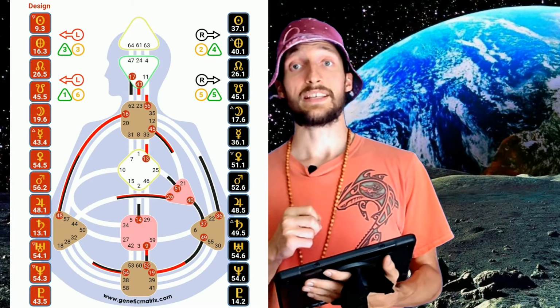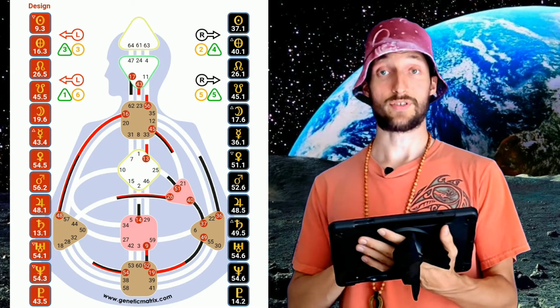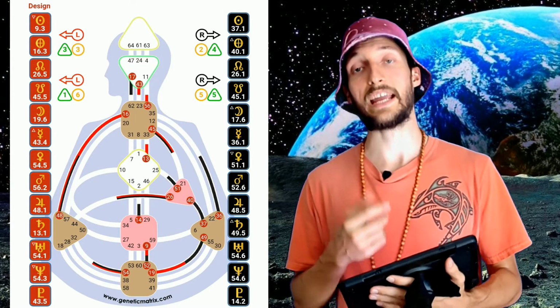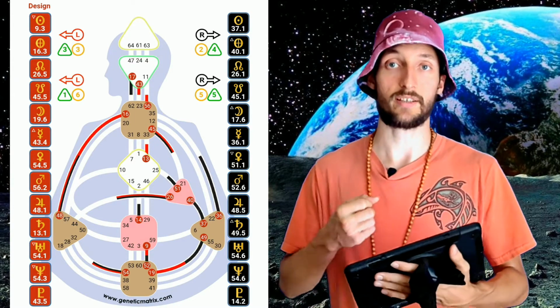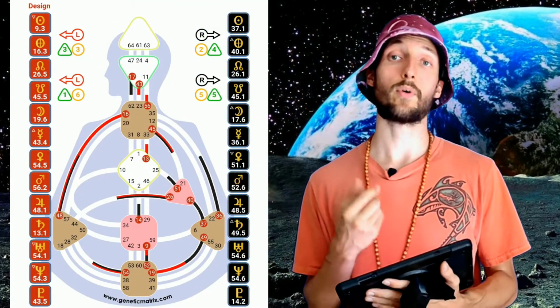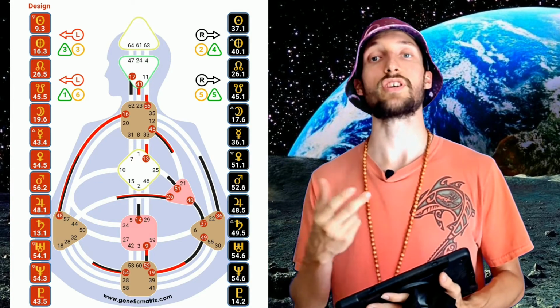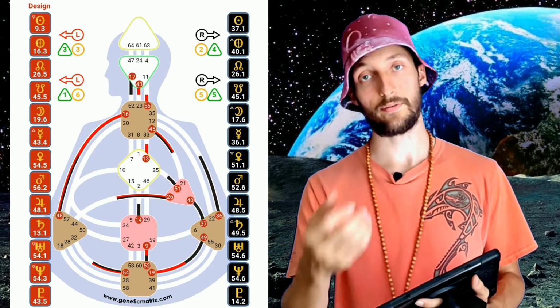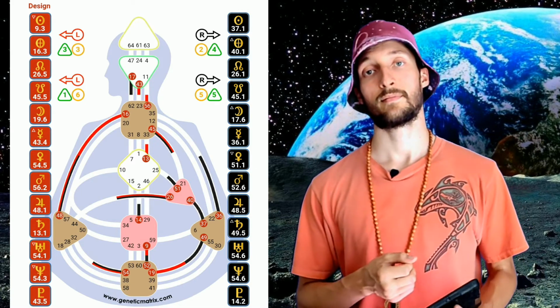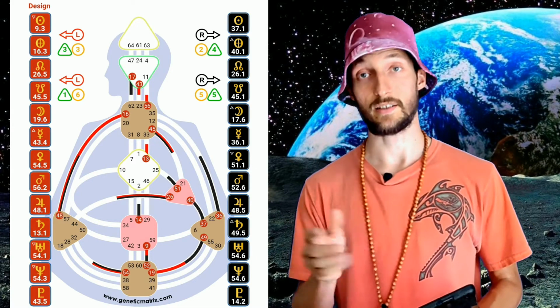Well, when you look at one of these gates, you know the numbers, there's 64 gates, comes from the ancient Chinese I Ching. And there are 64 fundamental ways that energy can relate to itself in the human biology. The Chinese recognized this a long time ago.